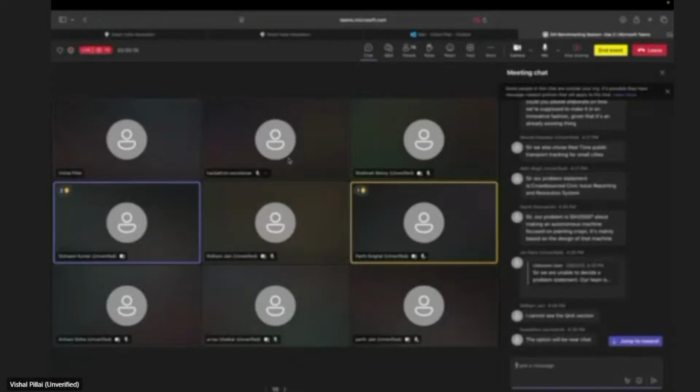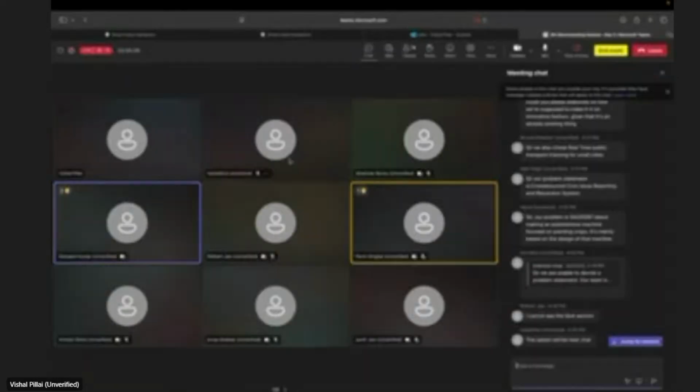That is exactly what I'm saying. In that case, you need to identify the problem statement and put up a boundary yourself. In the problem statement, you have to define the boundary, what is it that you are trying to solve? And you have to put a similar kind of expected output. Okay, sir. Yes, understood.